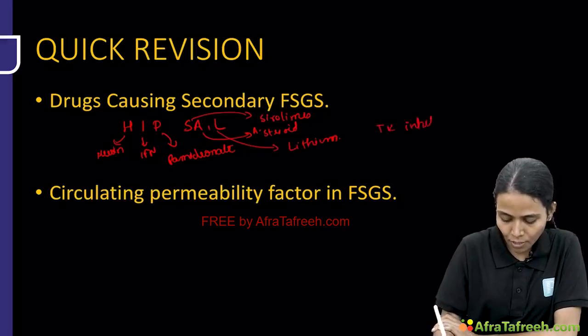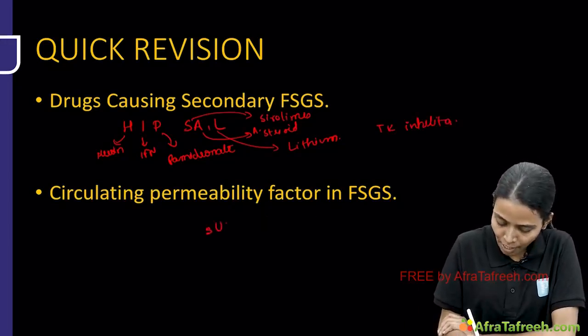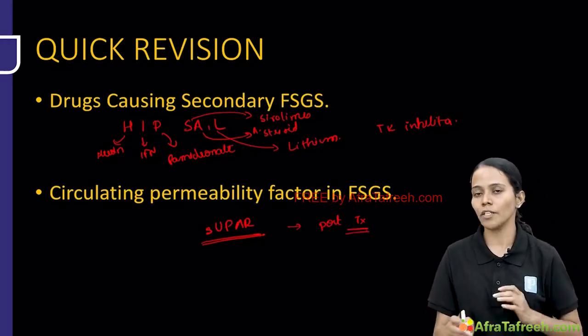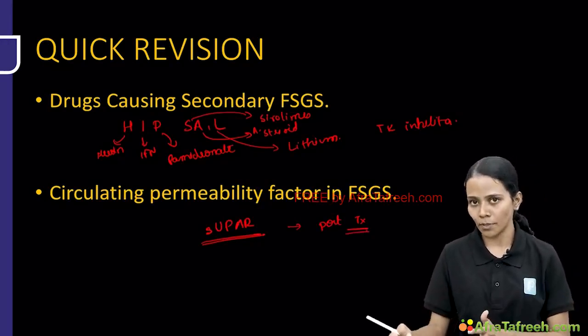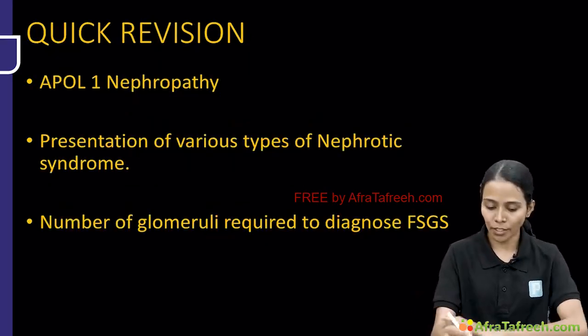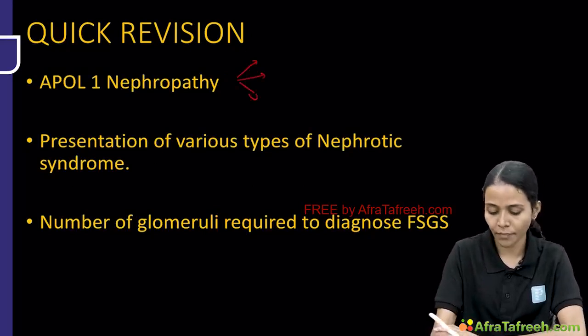Okay, so circulating permeability factor in FSGS, we know it is SUPAR, and this is more so in the post-transplant population. This has been proven. SUPAR is soluble urokinase plasminogen activator receptor. Then APOL1 nephropathy, we know it is mostly seen in the black race, and can cause 4 diseases with respect to kidney.